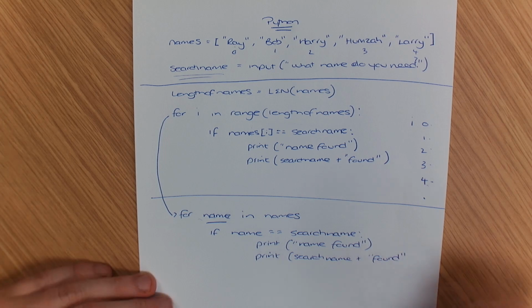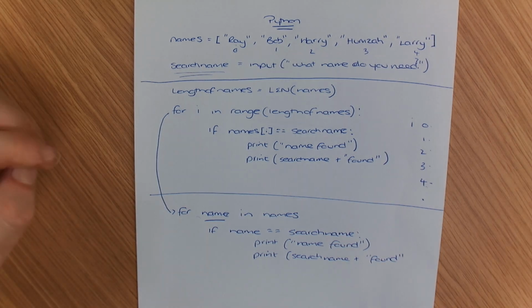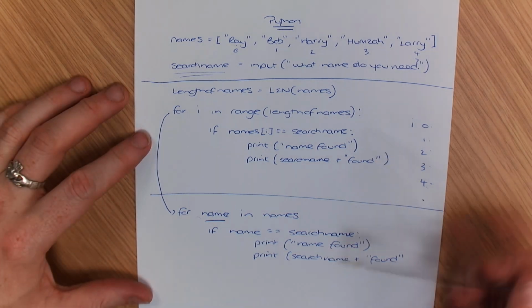Now, I know there is an even quicker way to check whether a name is in a list. But if you are getting an exam question that asks you to demonstrate a linear search, you want to go for one of these.